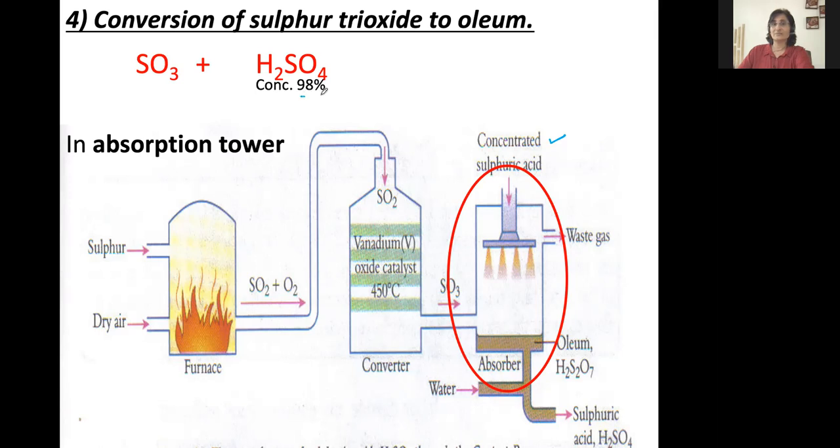Concentrated should be maximum 98% concentrated, so that it gives you a new product. It's a combination reaction, so it will be H2S2O7. And this is called pyrosulfuric acid or oleum.